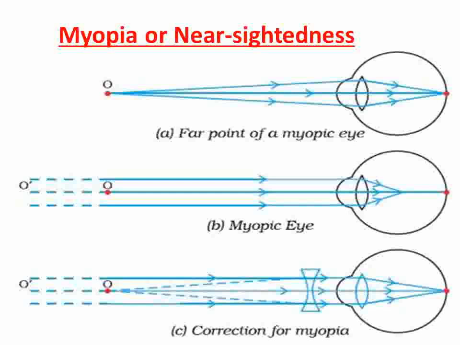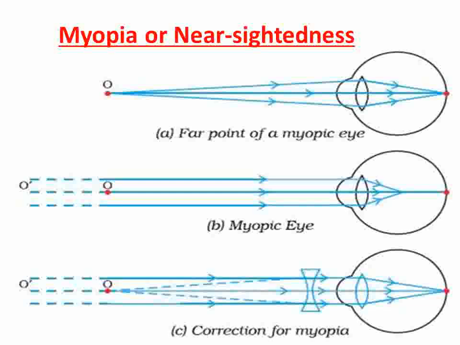Objects are not clear. To correct this defect, a diverging lens, that is a concave lens, is required that diverges the rays in the eye direction, and the eye lens then converges the rays and they finally come to the retina. In this way, the concave lens makes a virtual image of the object at point O, although the object is placed at infinite distance.